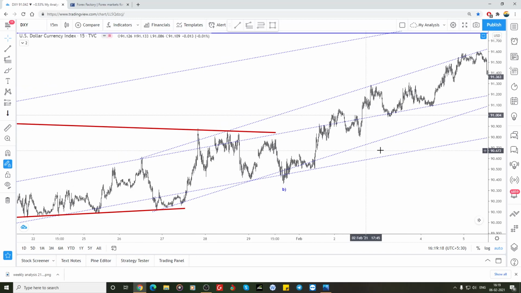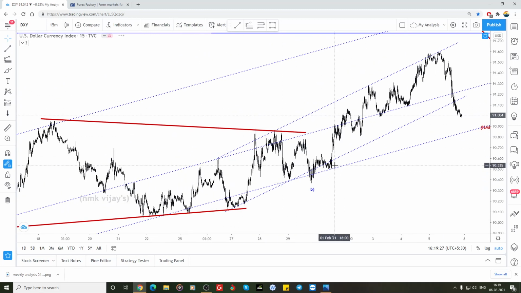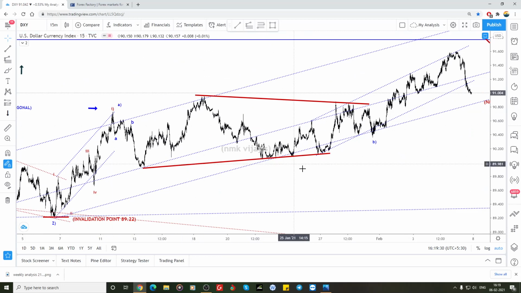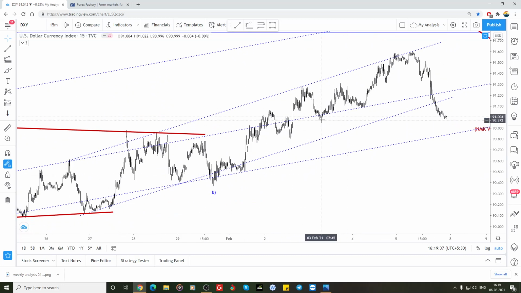So either this could be a 1, 2, 3, 4, 5, here it's a B, C, yeah, here is a D, and here is an E. So now this could be a fourth wave, and here the fifth wave is completed. So 1, 2, so the whole thing becomes a third. So this C could be a diagonal triangle or something.